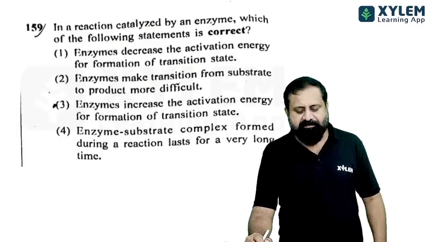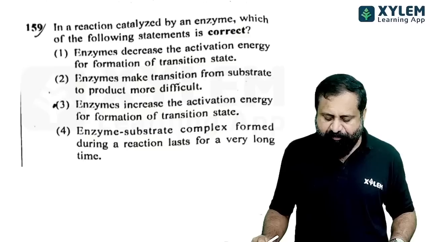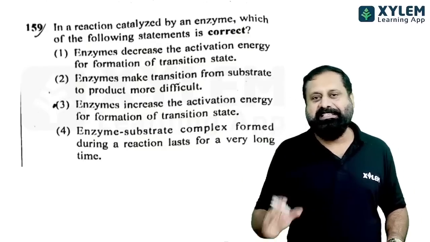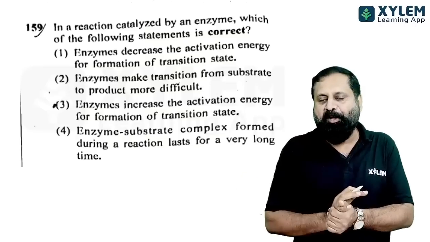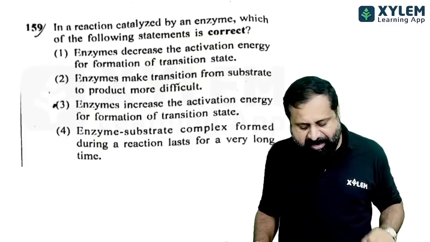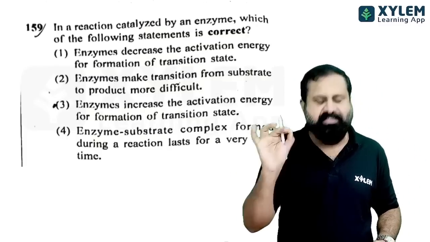159. In a reaction catalyzed by an enzyme, which of the following statements is correct? Just imagine the chapter biomolecules, the last part of the biomolecules. You can see the enzyme activity. Option number 1. Enzymes decrease the activation energy for formation of transition state.